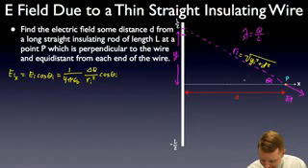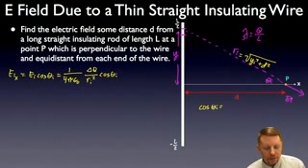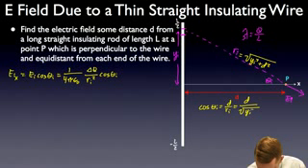And by that same token then, cosine of theta i, well, cosine is adjacent over hypotenuse, so that's going to be d over Ri, or d over the square root of yi squared plus d squared. So I'm going to substitute in for cosine theta i, d over square root yi squared plus d squared, and for my Ri squared, I'm going to substitute in yi squared plus d squared.